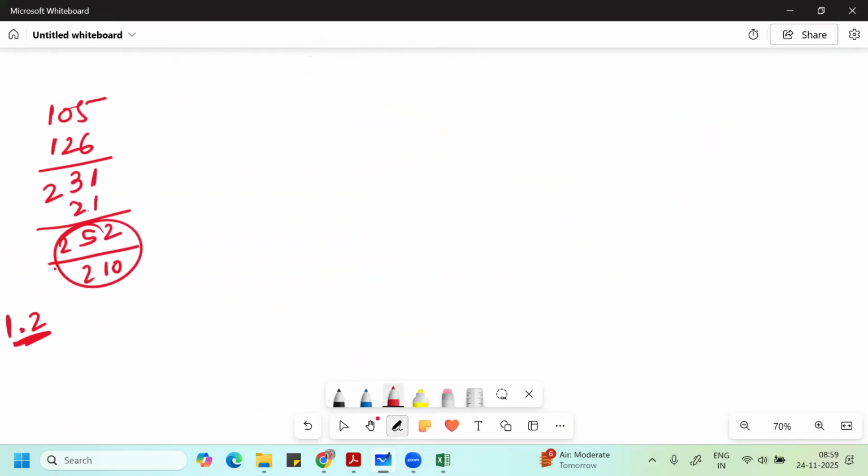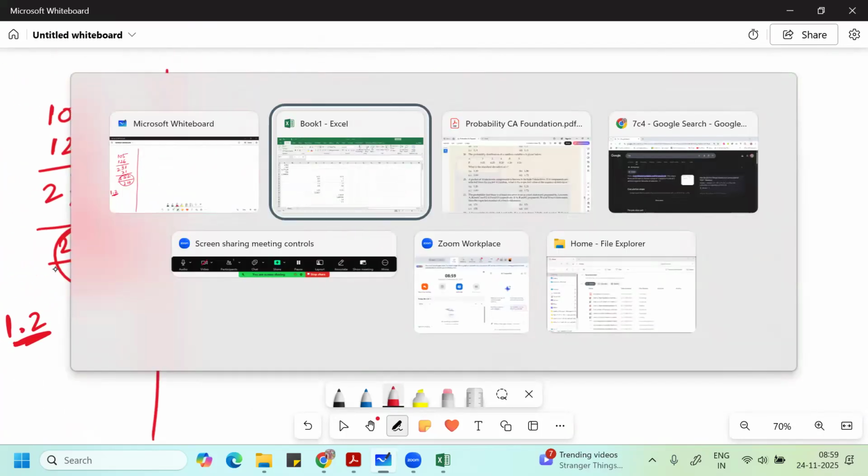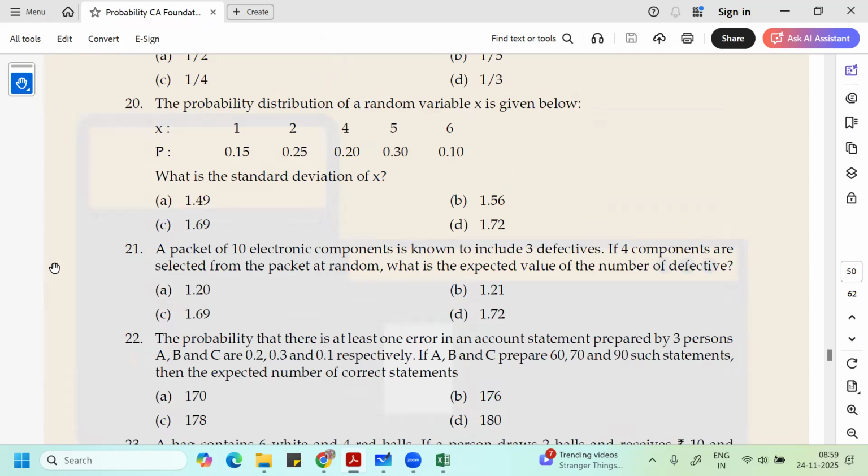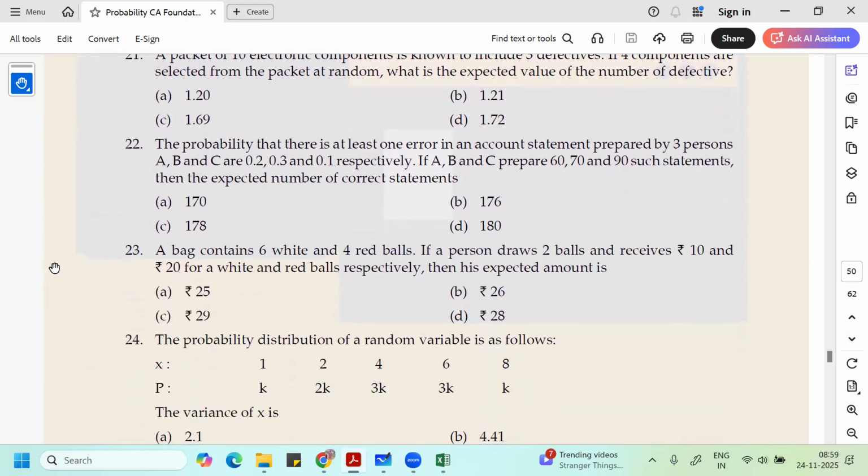Okay. And then the last questions, 23 and 24, I have already done in my previous video. Question number 22: the probability of at least one error in an account statement prepared by A is 0.2, by B is 0.3, and by C is 0.1.